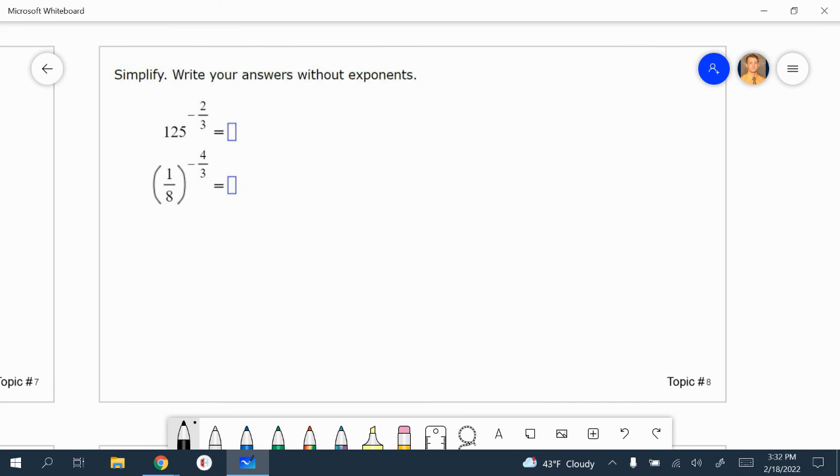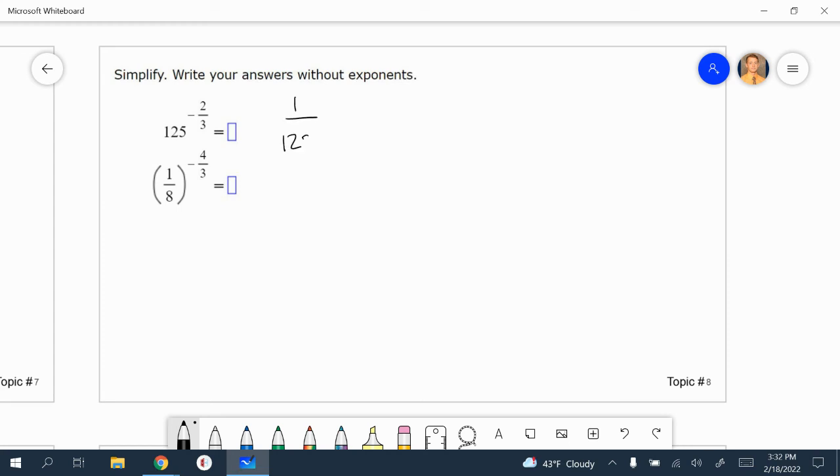Number 8. Okay, let's see. We have 125 to the negative 2/3 power. So remember from first semester, when we have negative exponents, what we want to do here is put them on the bottom of our fraction and make those exponents positive.